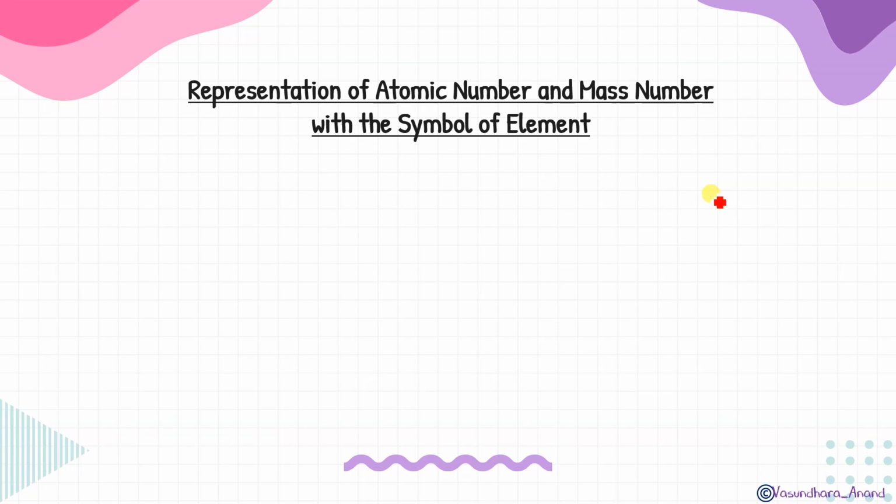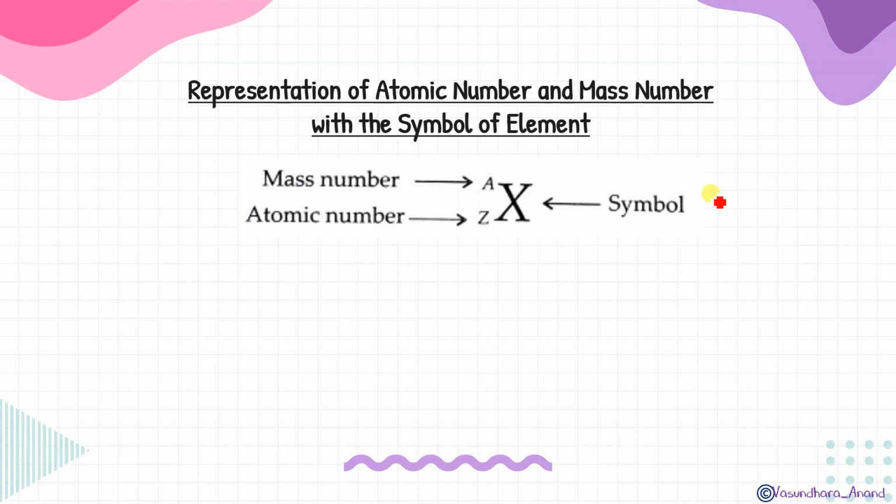Now, representation of atomic number and mass number with the symbol of an element. How do we represent them? Mass number will always be written as a superscript. Always superscript, okay? Be very, very careful about this. If you write A as a subscript, it will become completely wrong. And Z, atomic number, is always a subscript. Okay, so this is the symbol of an element. This X is an element, whatever the element, and A we will write as a superscript.